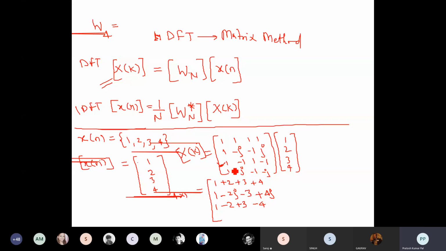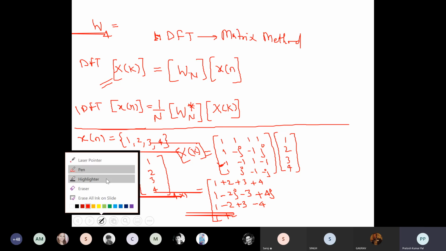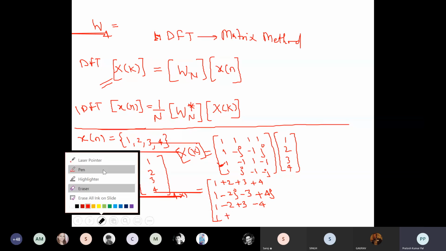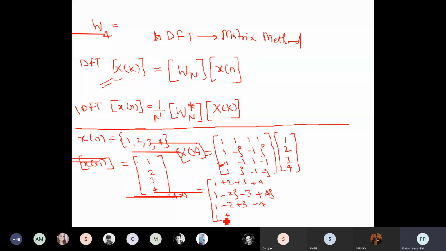The last row will be multiplied by this column, so it will be 1 plus 2j, plus 2j, minus 3 minus 4j.